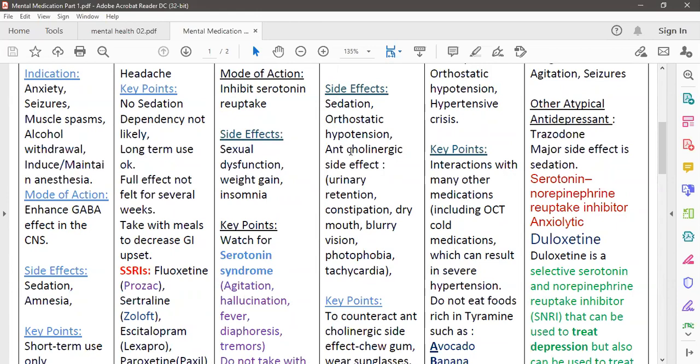What is anticholinergic side effect? Patient develops urinary retention or stasis, constipation, dry mouth, blurred vision, and photophobia. Also, patient develops tachycardia. So all of these signs and symptoms together we call anticholinergic side effects.